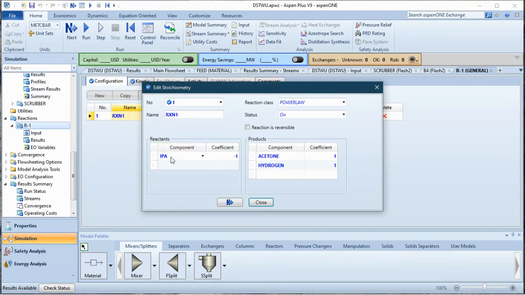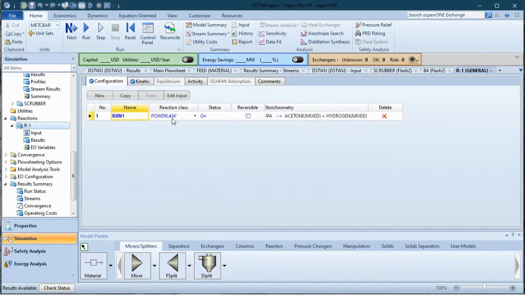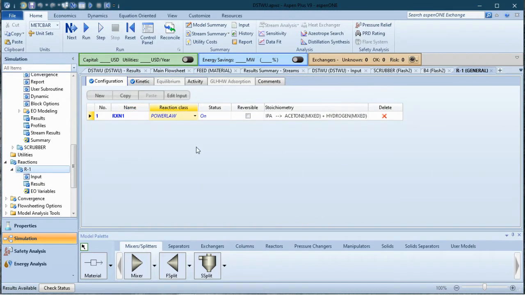The reactant is IPA, and the products are acetone and hydrogen. And then for the power law, not this one, input I think.